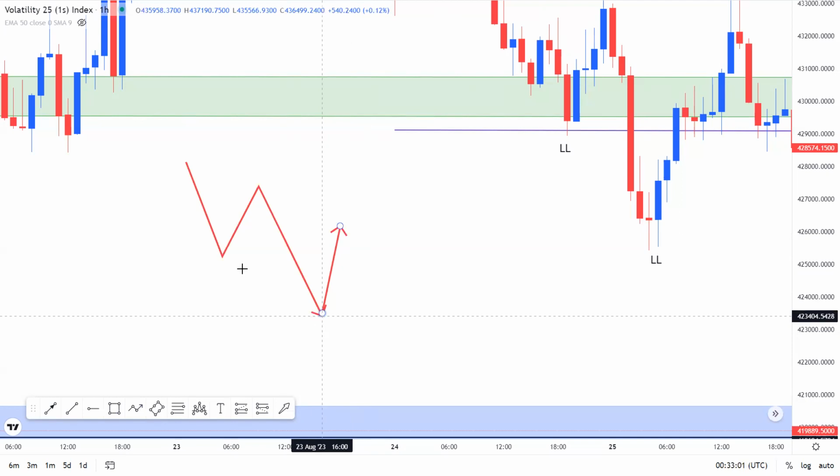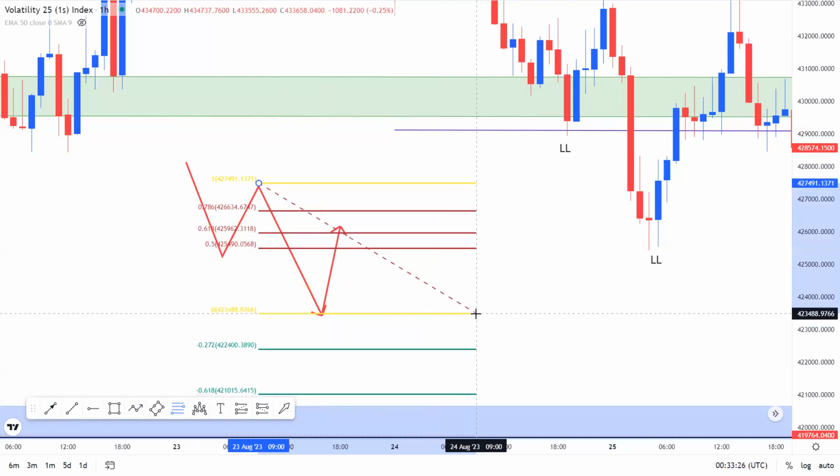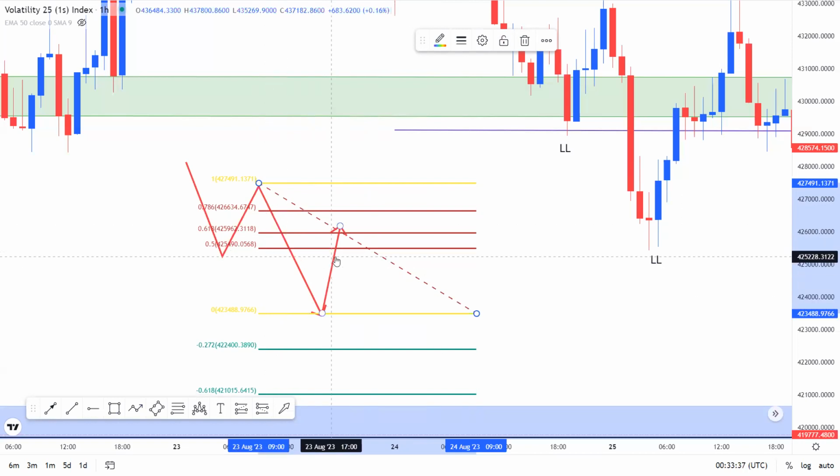So it's not just okay to identify that a previous low has been broken and price has formed a new lower low. That's not enough reason to get in on the sales. It's best to wait for some form of retracement. And then my strategy will tell you that one of the ways to identify the premium price levels would be to introduce your Fibonacci retracements from the previous lower high to the most recent lower low, and then wait for price to retrace into any one of your strong Fibonacci reversal levels.